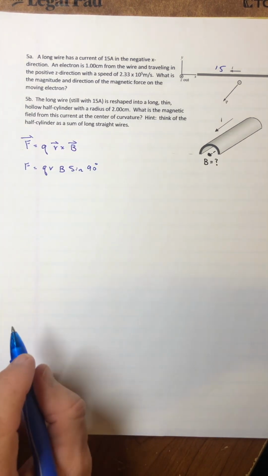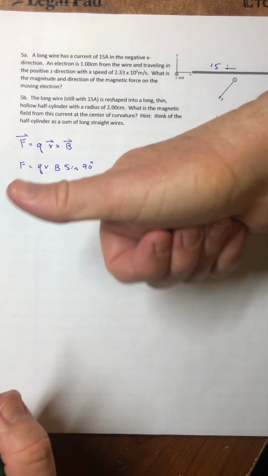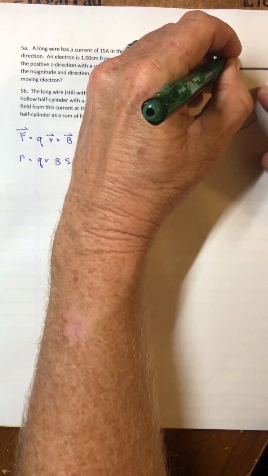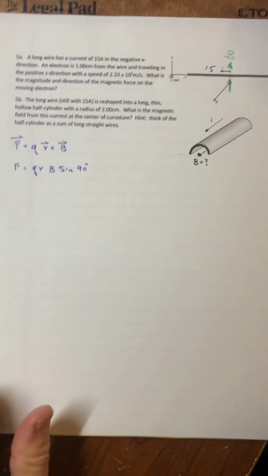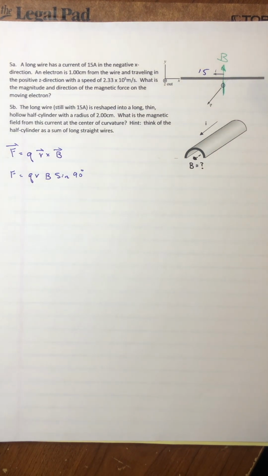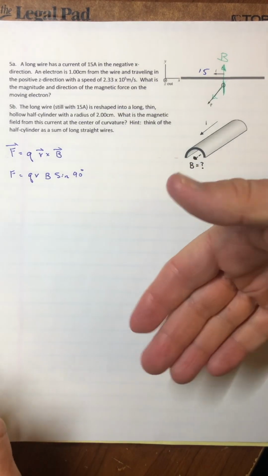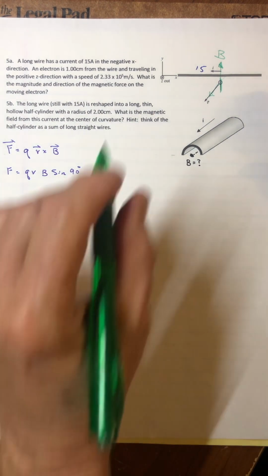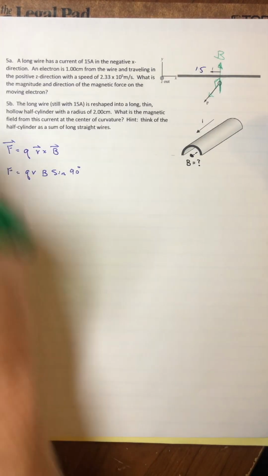This is where we're going to have to do a little bit of work, and I'll go to my green, but if I do that right-hand rule with my thumb in the direction of the current on these places here where the electron is in front of the wire, is then making an upward field of B. And of course, V is coming out. Oh, I started to get into direction. Let me hold off on that one. I just wanted you to see then that V and B are 90 degrees. Then that's where I'm going to get that 90 degrees.